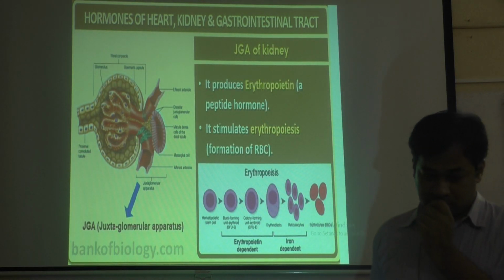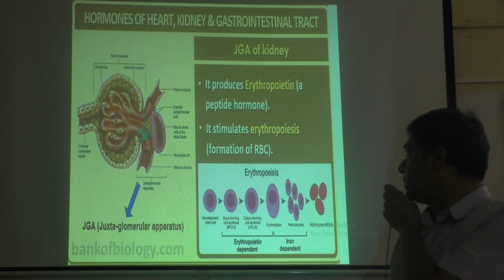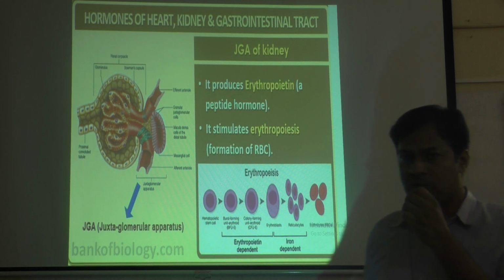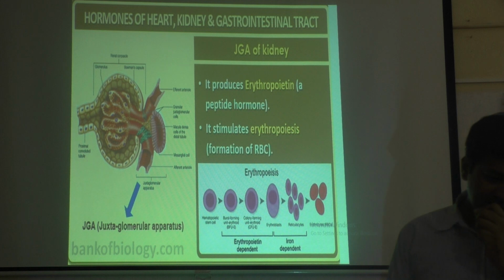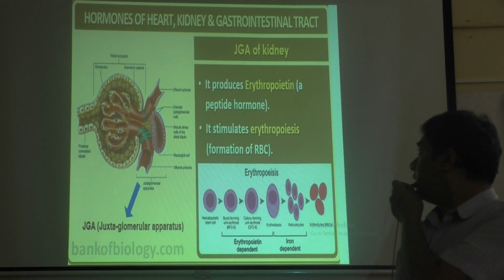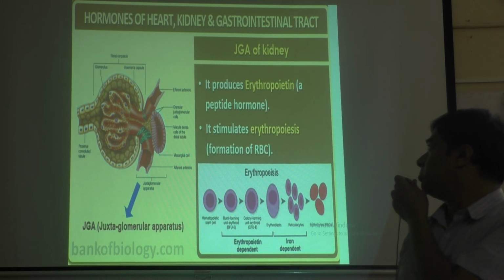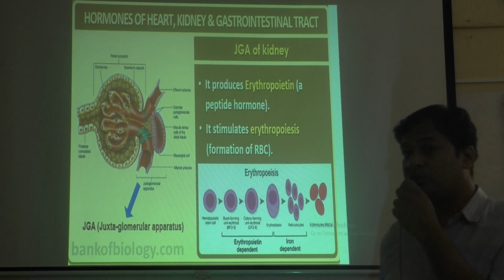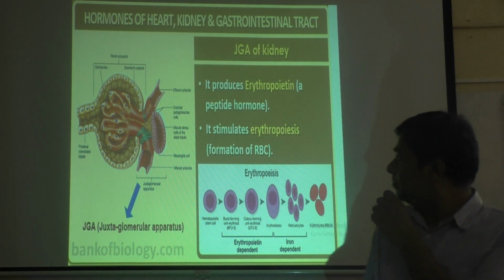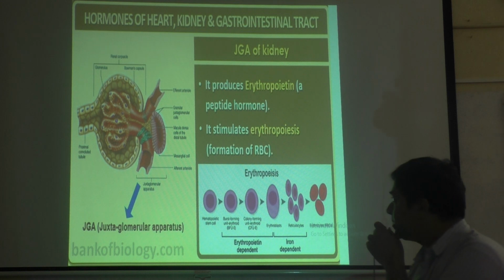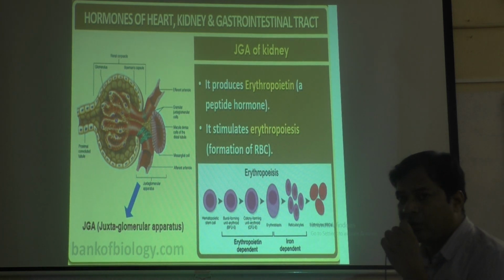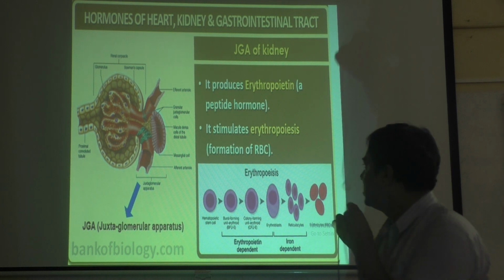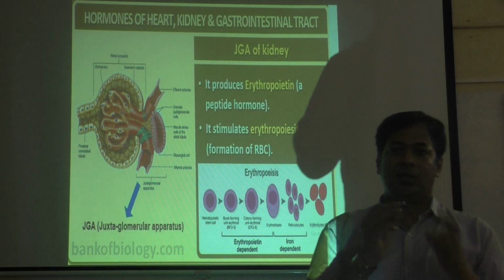Then in the kidney there are special cells called JGA cells. You know this, that is juxtaglomerular cells. It produces a hormone, which is a peptide hormone called erythropoietin. So JGA cells produce erythropoietin. It is required for erythropoiesis, that is formation of RBC.